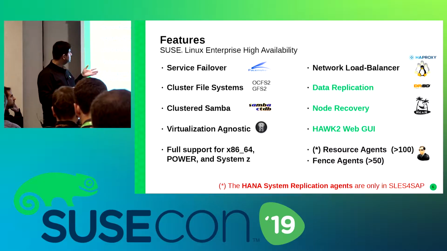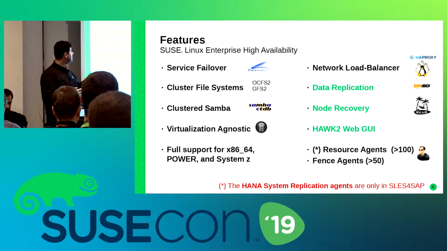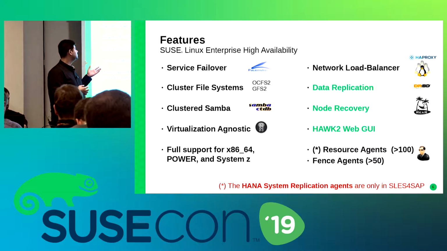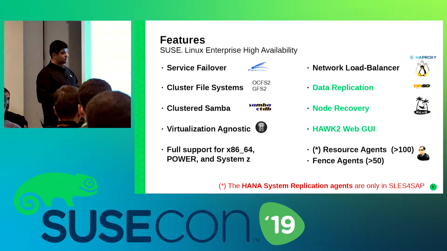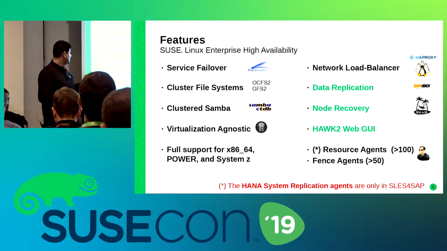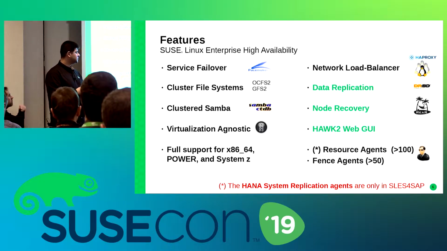Integrated in the HA extension we have, of course, Pacemaker, the resource manager. We have clustered file systems, OCFS2 and GFS2. We have resource agents specifically for clustered Samba. Our solution is virtualization agnostic, so it works on public clouds or on bare metal. We have full support for different architectures.